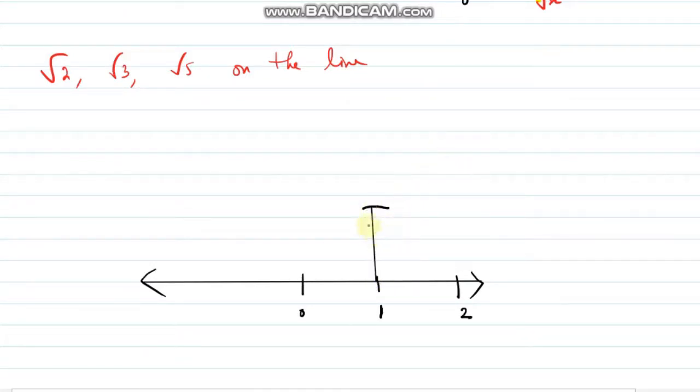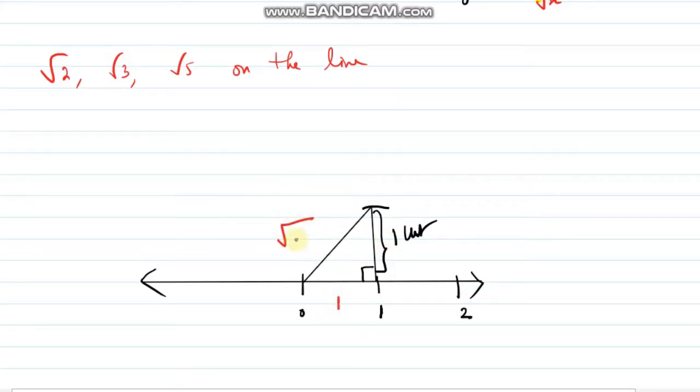If I draw a perpendicular of length 1 unit over there, and join these two, what will be the length of this line?